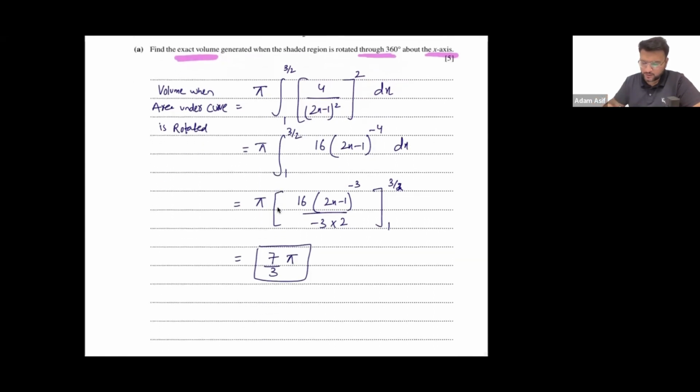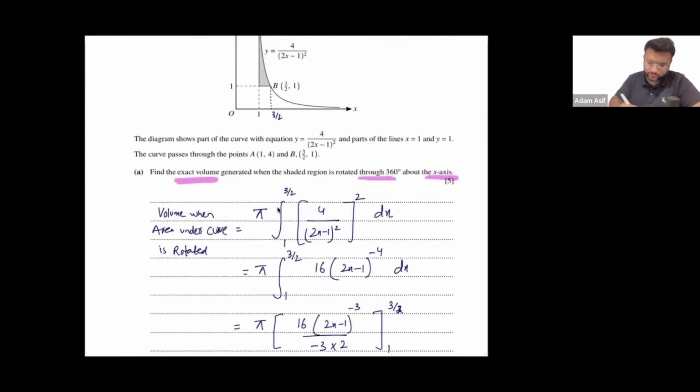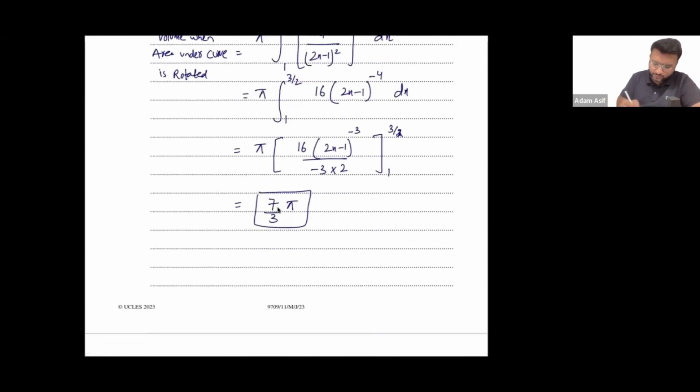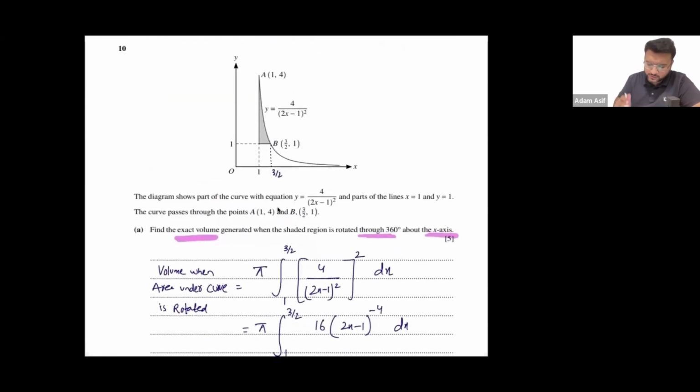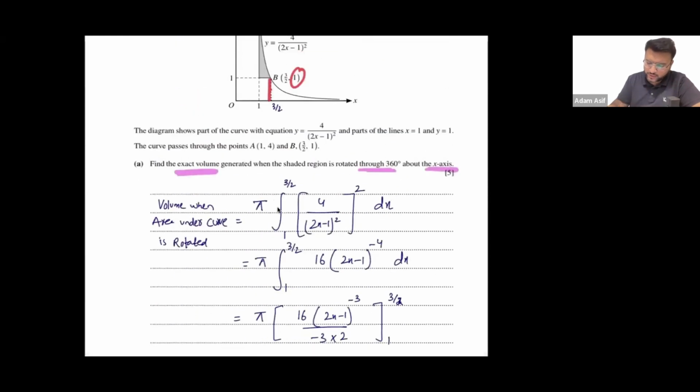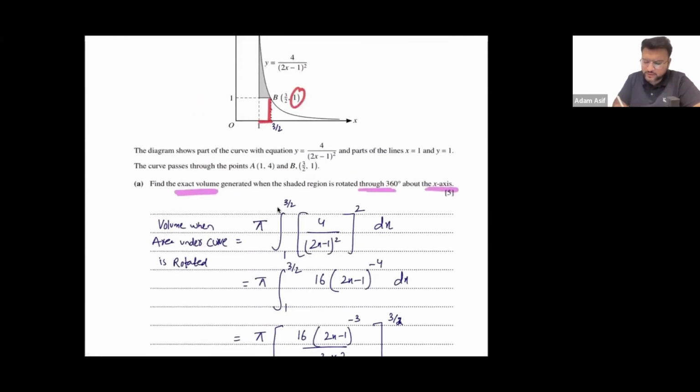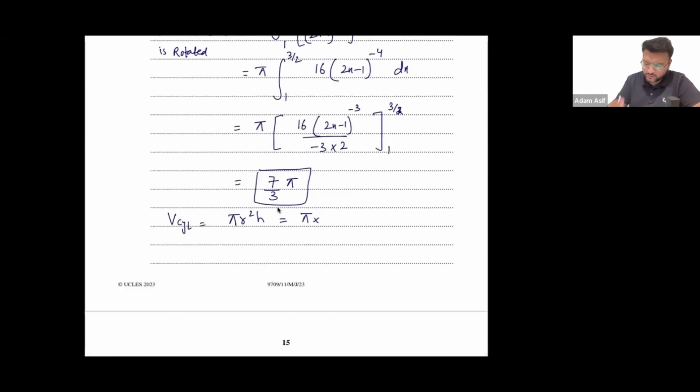Okay. Now comes the volume of the cylinder. When this region is rotated 360° about the x-axis, it's going to create a cylinder. And the volume of the cylinder would be pi r square h. The radius of the cylinder is this value, which is 1. And the height of the cylinder is 3 upon 2 minus 1.